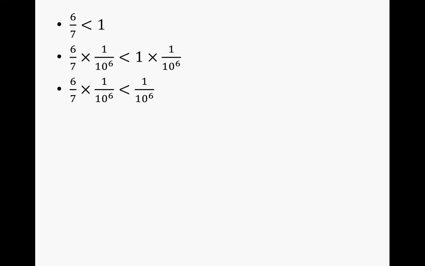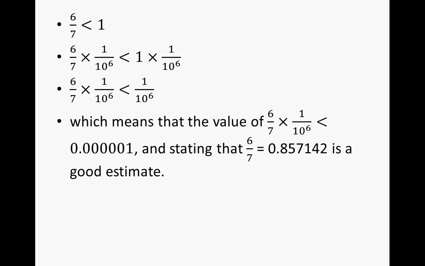And 6/7 times 1 over 10 to the 6th power is less than 1 over 10 to the 6th power. So therefore, it is going to be less than 0.0001. And that's stating that 6/7 is equal to 0.857142 is a good estimate.